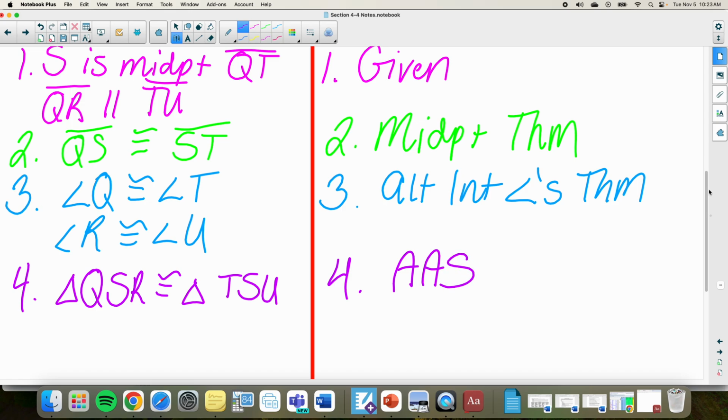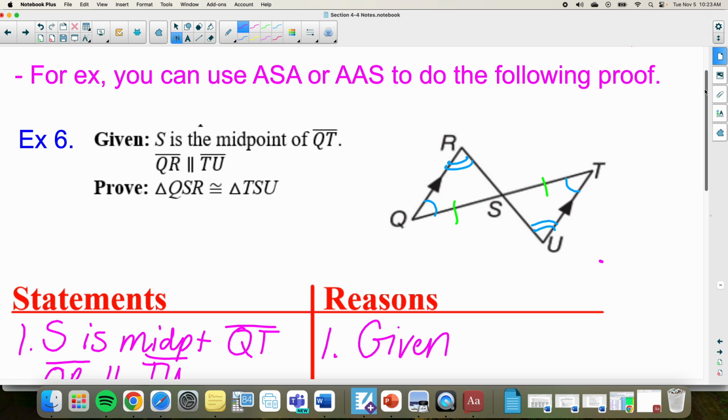Let me just, for 2 seconds, show you how this could have been different, okay? Let's say somebody at first showed vertical angles, and they said, this angle is congruent to that angle by vertical angles. That's true, right? And then they went to do their alternate interior. If they had to do one alternate interior at least, and if they used this one, okay, Q and T, what would that be by?